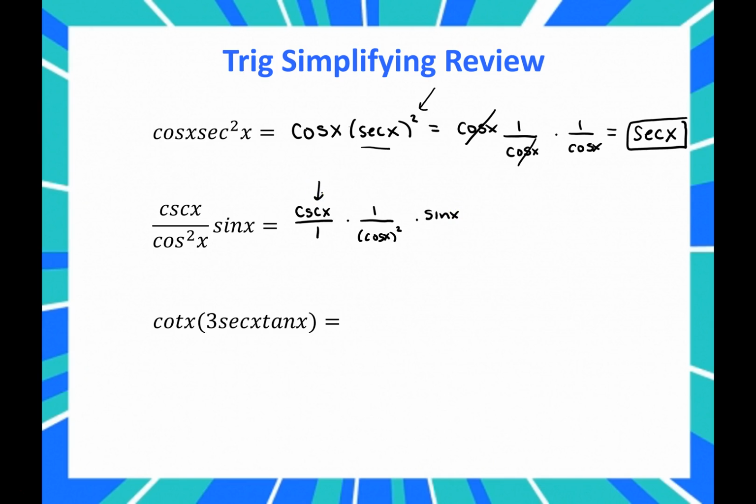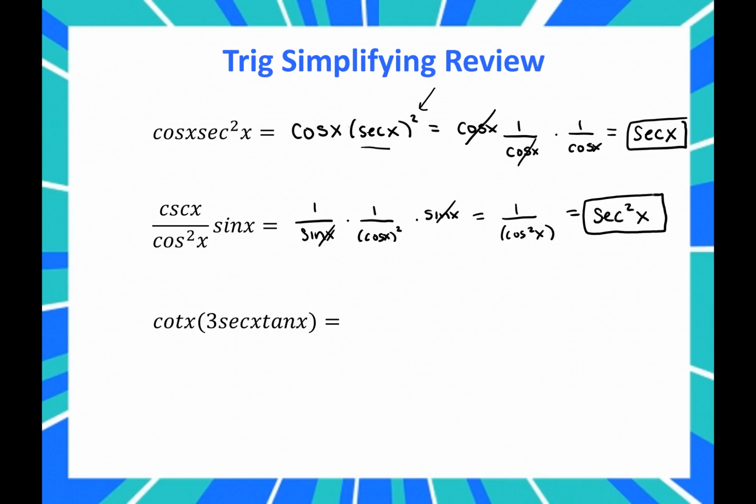I'm going to rewrite that as 1 over sine x. Here my sine x's cancel, and I am just left with 1 over cosine squared x. Now think about what that actually is. What was 1 over cosine? Well, 1 over cosine is secant, so this whole thing is equal to secant squared x.